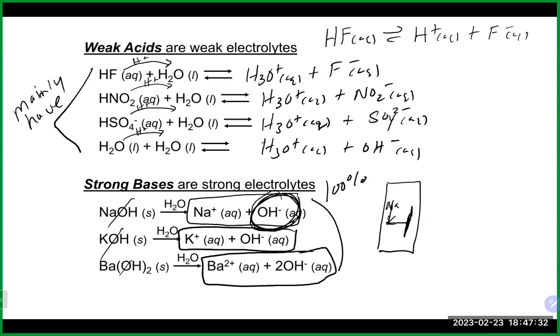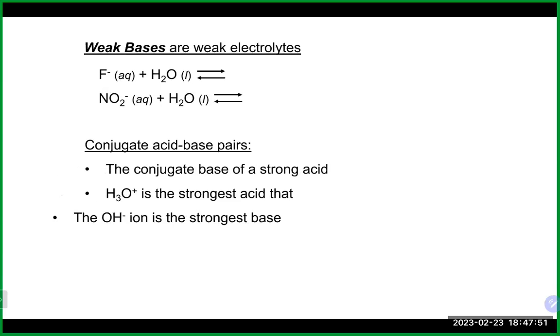There are some weak bases that are much like weak acids. They will mainly stay together, but will produce a little bit of hydroxide in solution, which is why they are still considered bases. I think we have that on the next one here. So these are some weak bases like F minus.